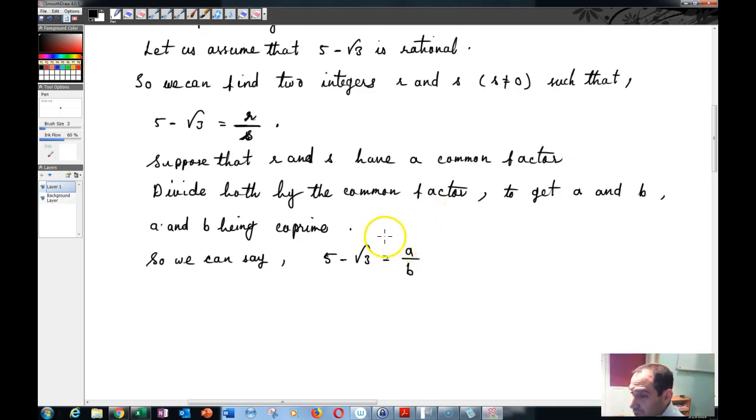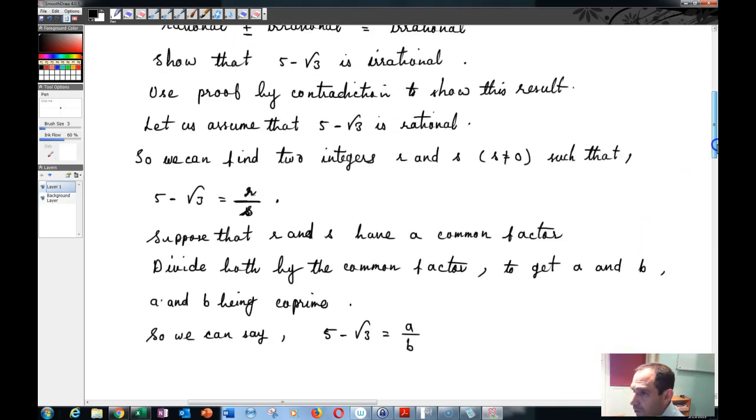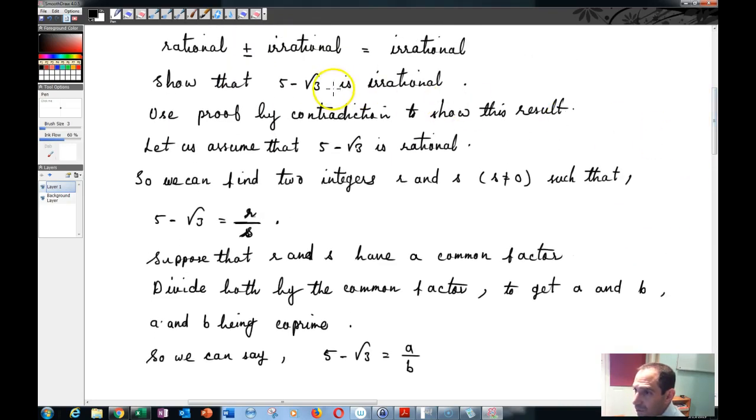So now we want to prove that 5 minus square root of 3 is irrational, right? What we have done is we said that we want to use proof by contradiction.